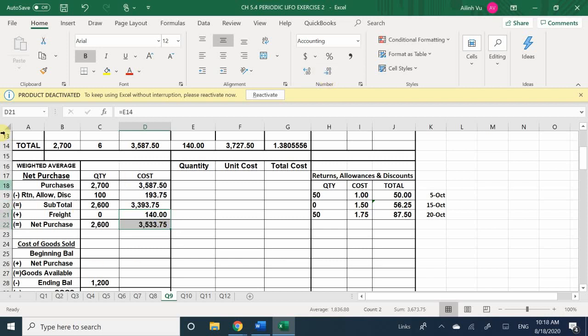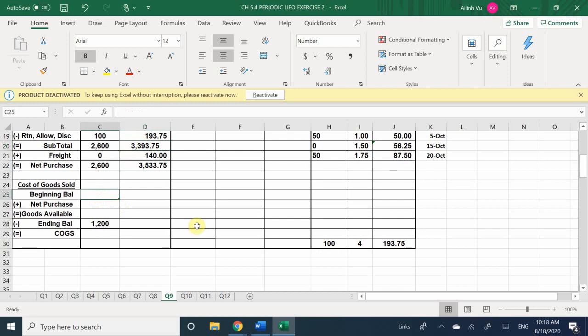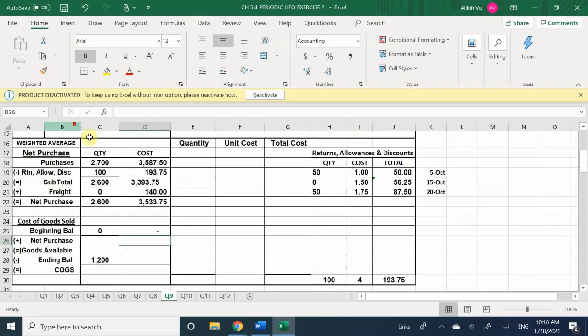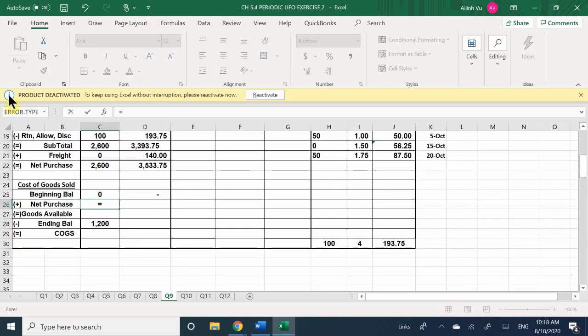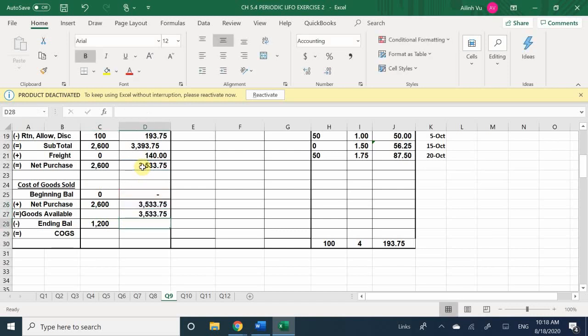Now we do not have any beginning inventory, so we can safely bring down this right here. And now because we're adding 0 to this, we're going to get the same number here, 3533.75, for a grand total of 2,600 items.